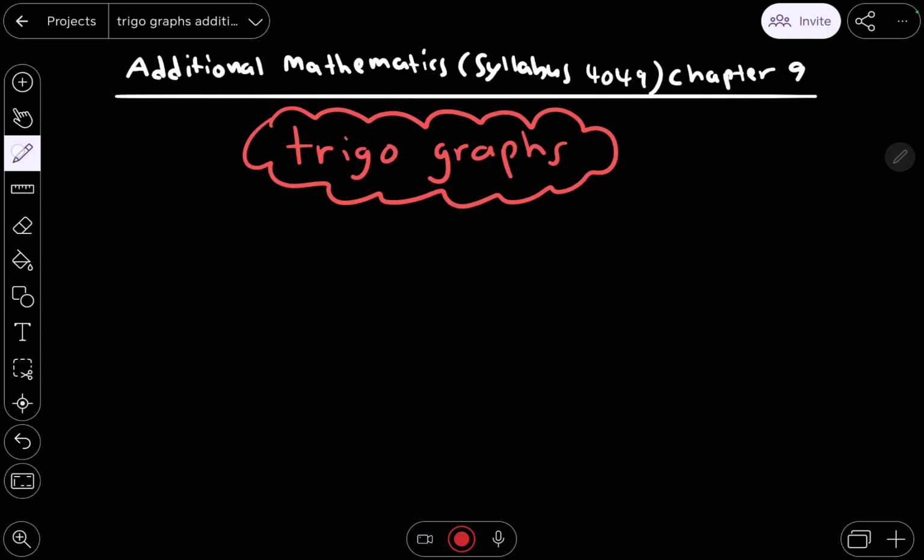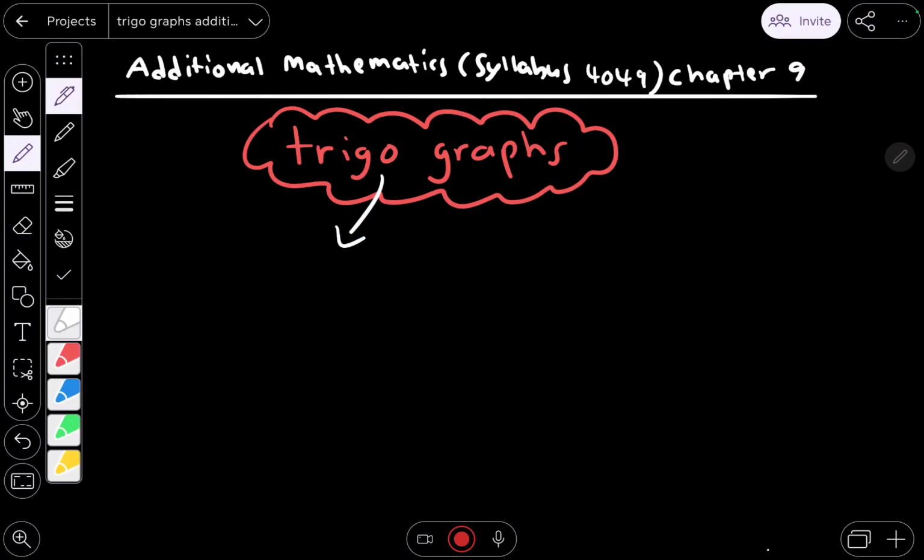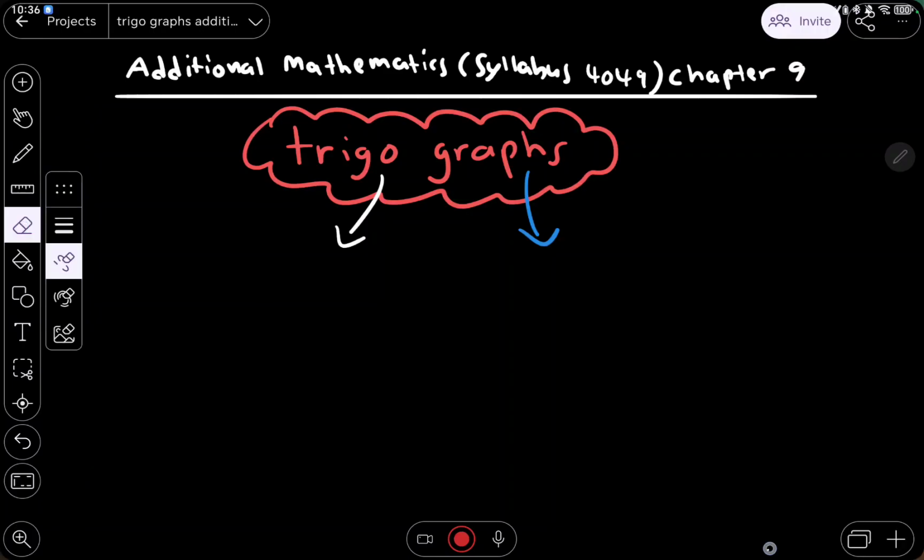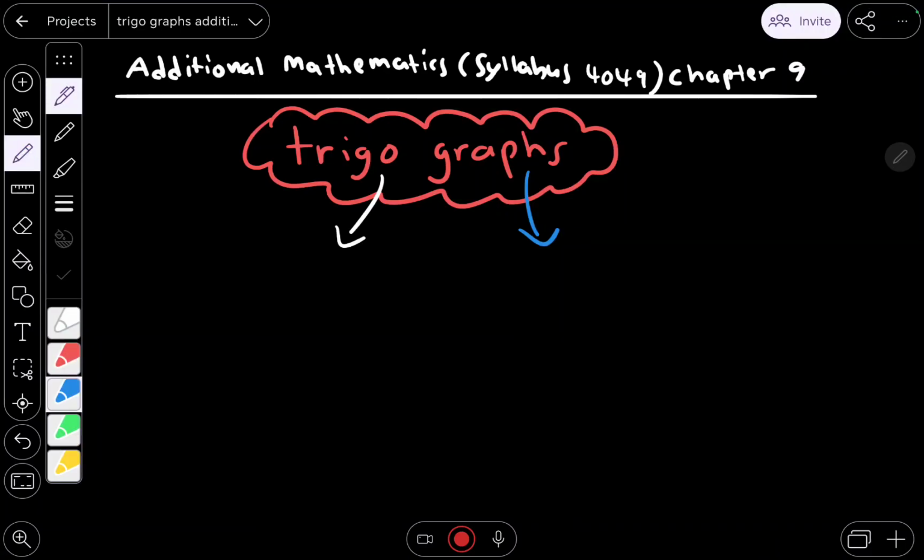For me, I will break trigographs down into two words: one word for trigo and another word for graphs. So for trigo, I'll think of triangles. As I said in the previous video, what comes to your mind when you hear the word trigonometry?